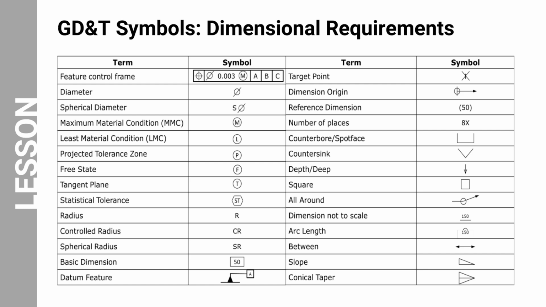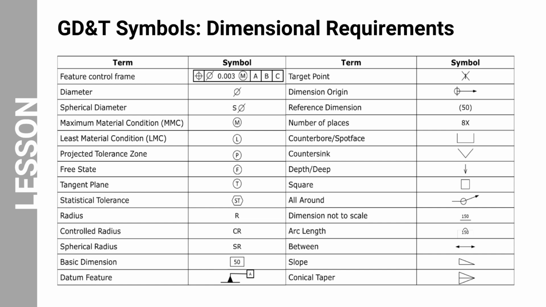There are a large number of symbols and terms used in GD&T. The symbols are created to resemble the requirements they identify. So, for example, the diameter symbol shows a line through a circle to represent the diameter of that circle. All of these symbols represent features and tolerances that identify repetitive features, diameters, radii, spot faces, and counterbores commonly used in technical drawings.